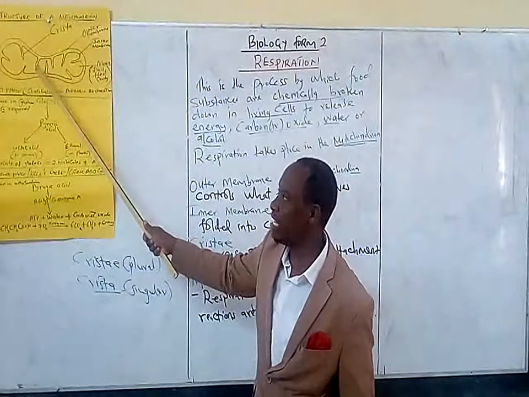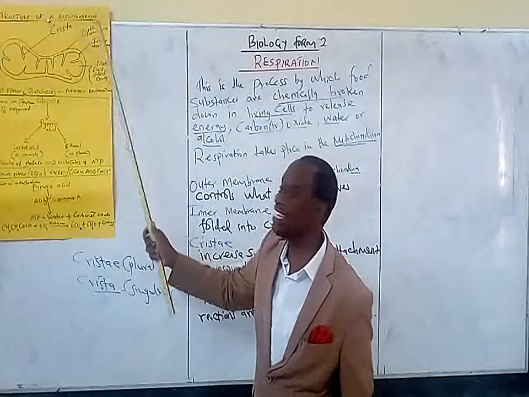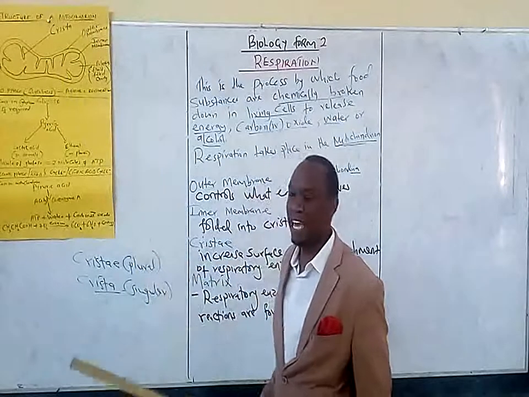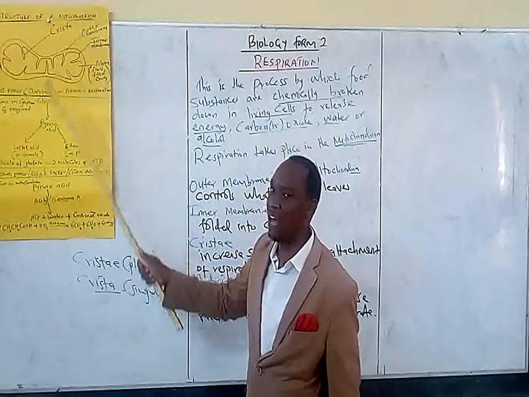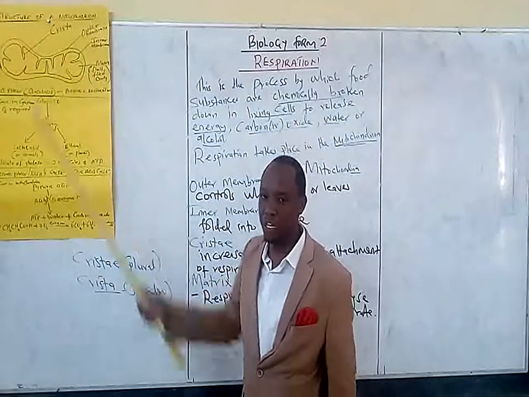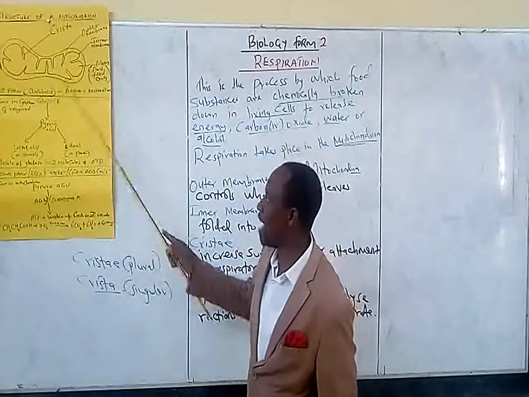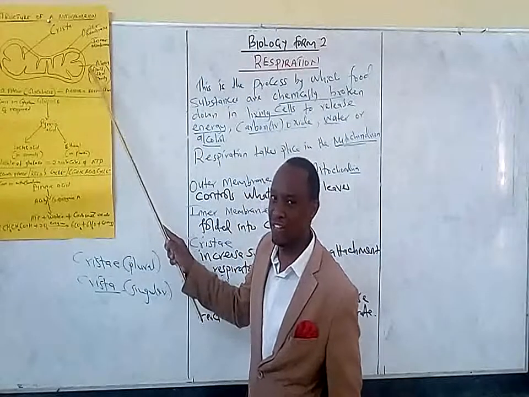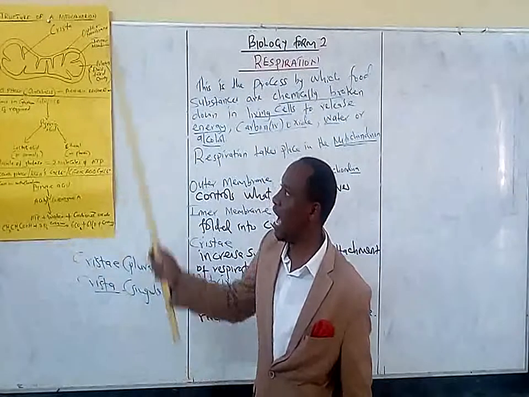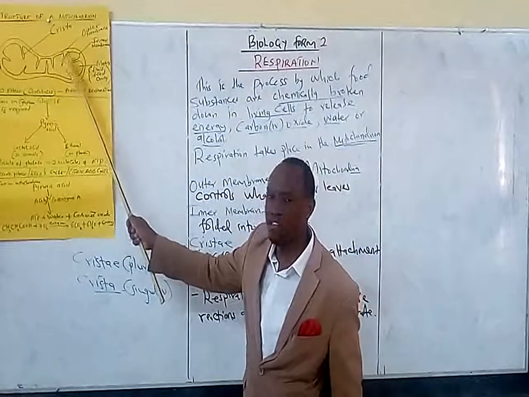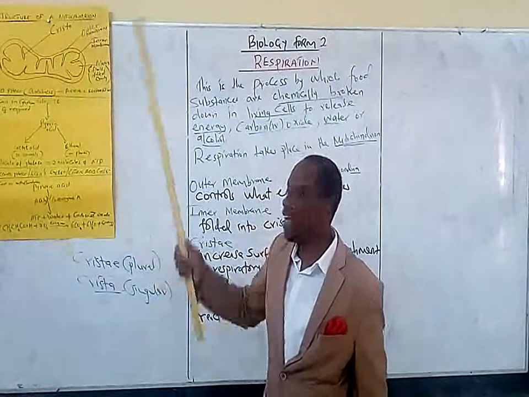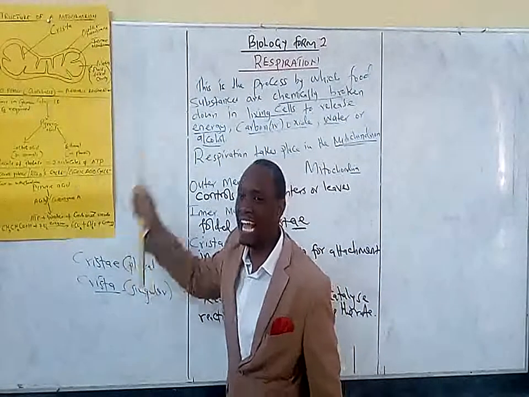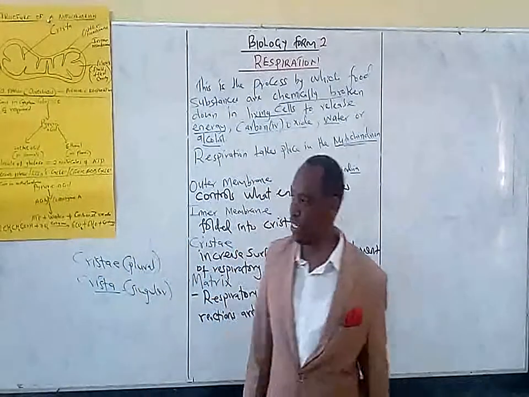The function of the cristae is that they have respiratory enzymes, and these respiratory enzymes speed up the rate of respiration. Number three, we have the matrix, a fluid-filled cavity. This is where the enzymes that catalyze the reactions are found.